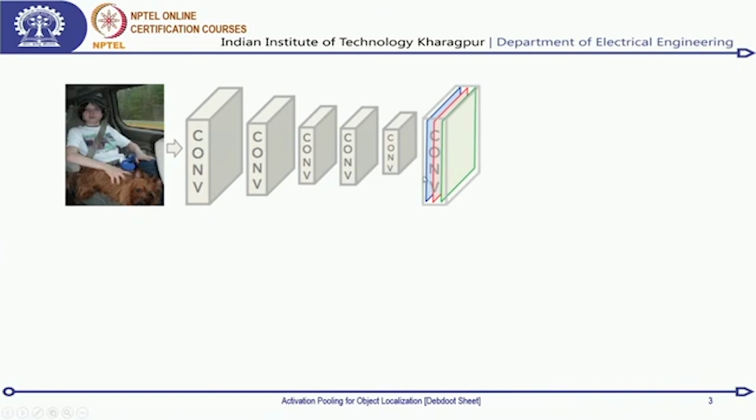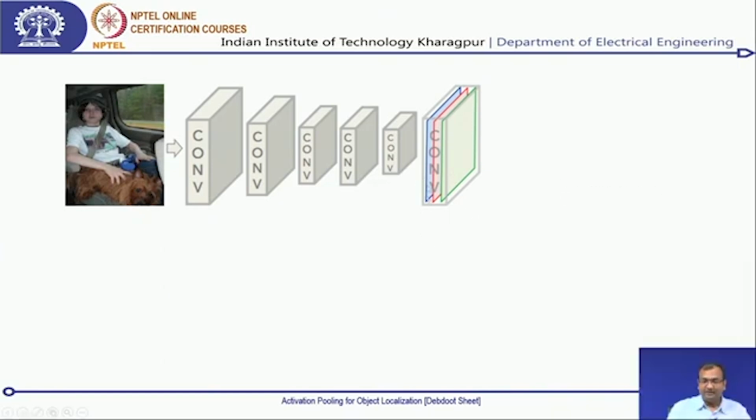So the spatial resolution of each channel is low, but the total information content with respect to where an object is present, and whether an object is present in the image or not, gets consolidated within these channels. Each channel is in some way representing, and is responsible for finding out, which attribute is responsible for categorizing a certain object.